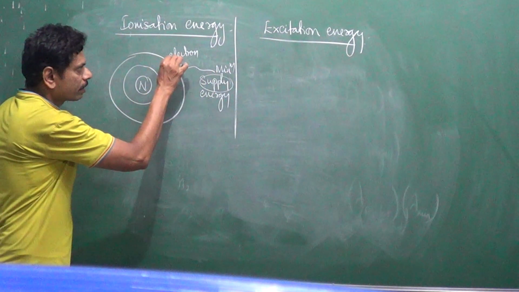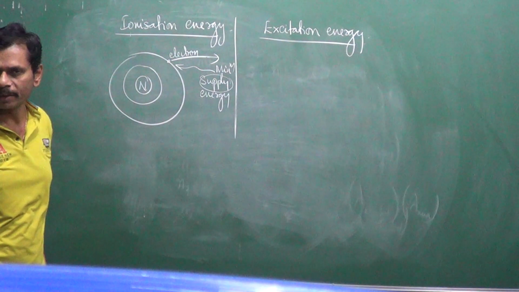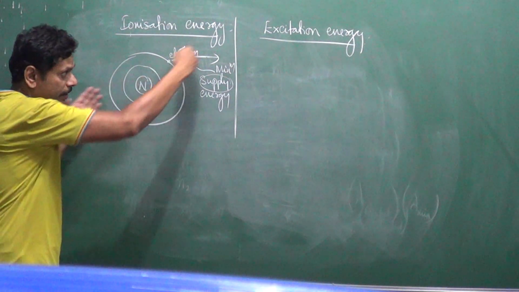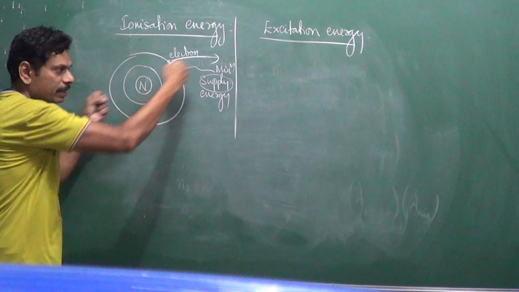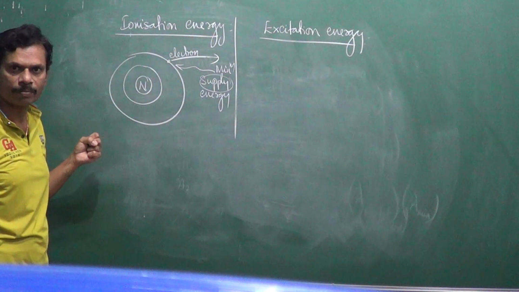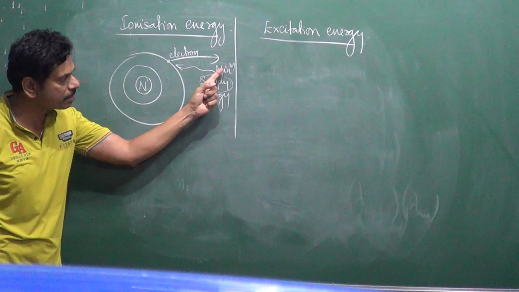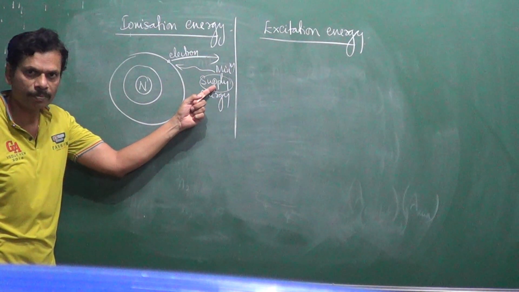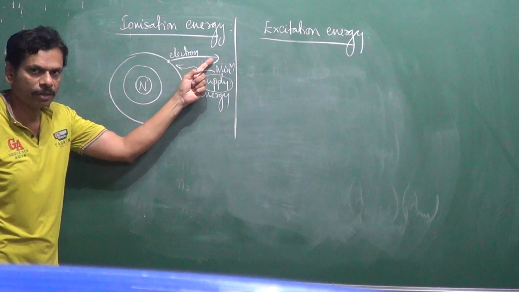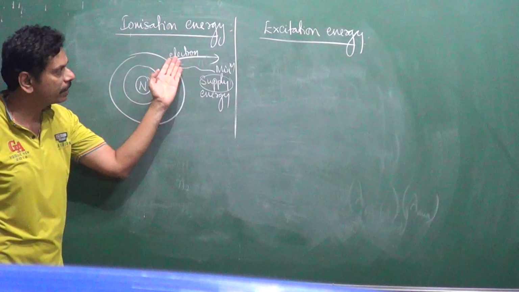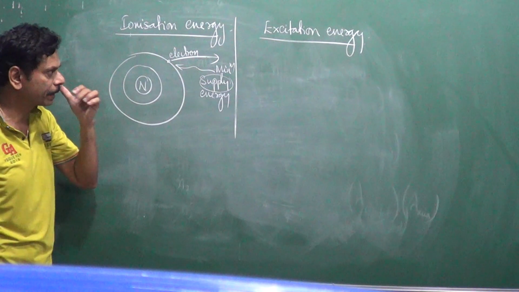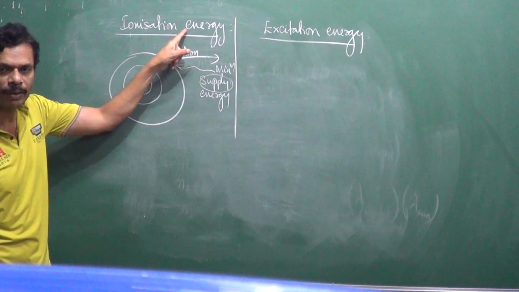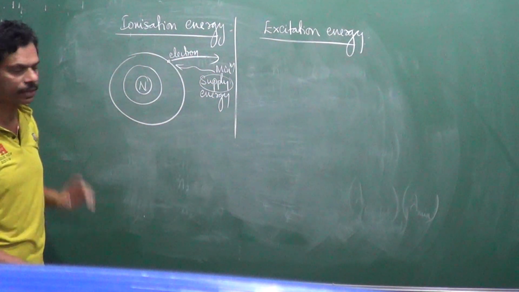Then this electron can be removed from its orbit permanently to a longer distance, so that between the removed electron and the nucleus there is no further force of attraction. To do so, the minimum energy we have supplied to remove this electron to an infinite distance, so that there is no force of attraction between the removed electron and the nucleus, that minimum energy is called the ionization energy.